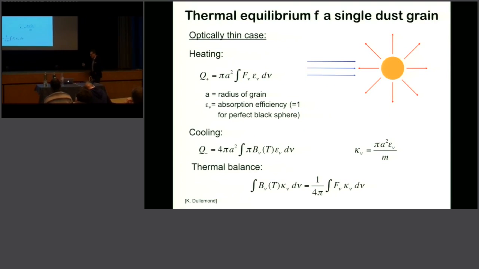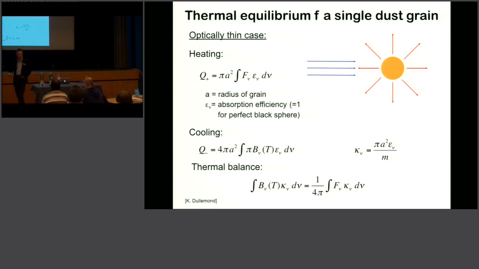Basically, what is important for the dust is that the dust essentially absorbs and reprocesses the radiation. That's the relevant part for what we are doing. So when you have a dust distribution around a young stellar object, be it a disk, an envelope, or whatever, you have basically to solve for the transport of radiation and the balance of heating and cooling of the dust.